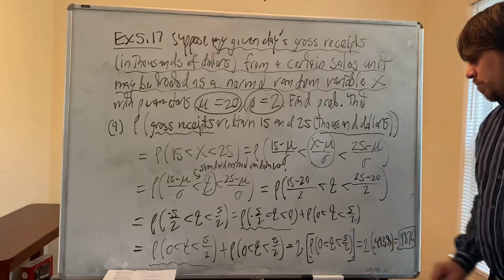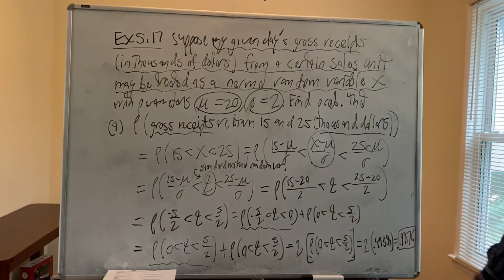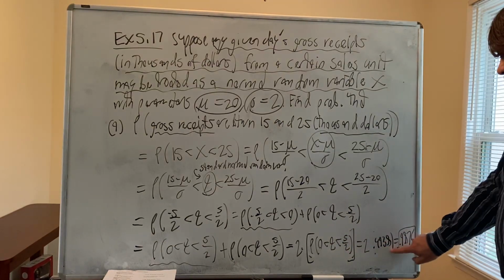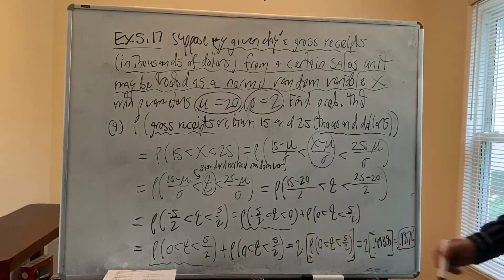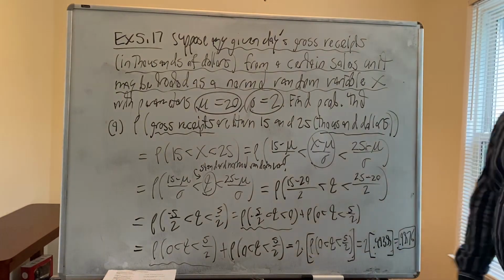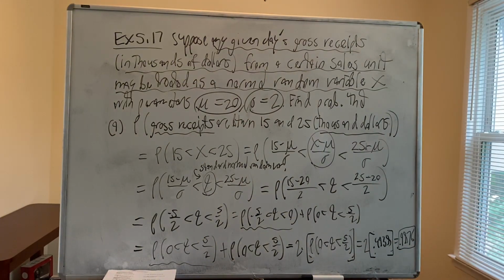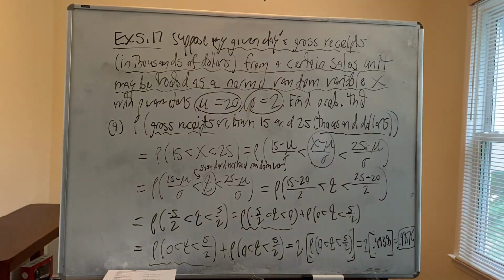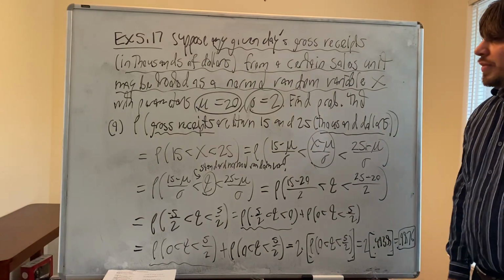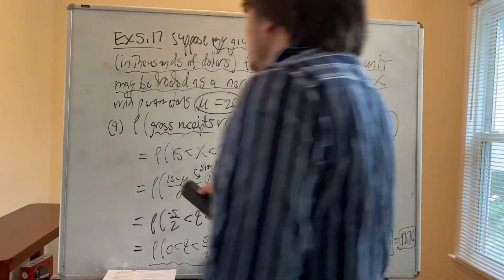So it's 2 times that probability, which is 2 times 0.4938. That's in the bracket there. 2 times that is 0.9876. Okay, and then that's the probability you need to find for part A of the problem. Okay, so let's keep going. That's A.